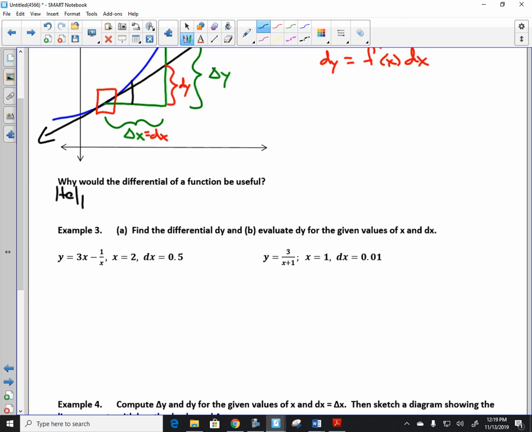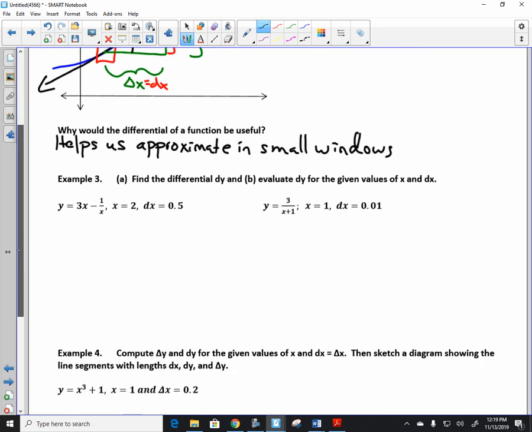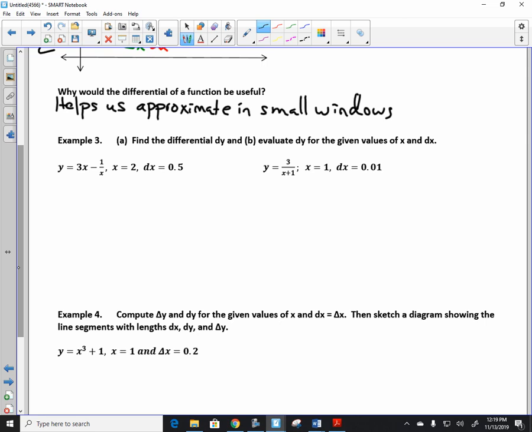It helps us approximate in small windows, because some functions are really difficult to calculate. We gave the example yesterday, Isaac Newton trying to find the square root of 3.99. We gave a really good approximation of it. We're going to just do the basics right now.